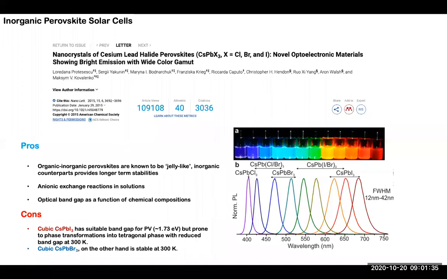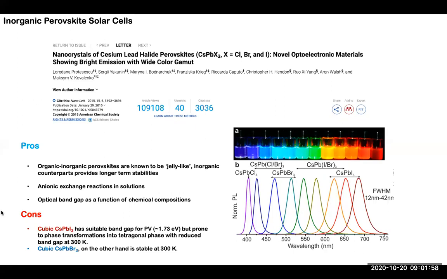The problem with that is that the material is sort of like a jelly, it's not very rigid like silicon. That affects the long-term stability, especially if you have an organic molecule in there, you have UV degradation, and the materials might fall apart, right?